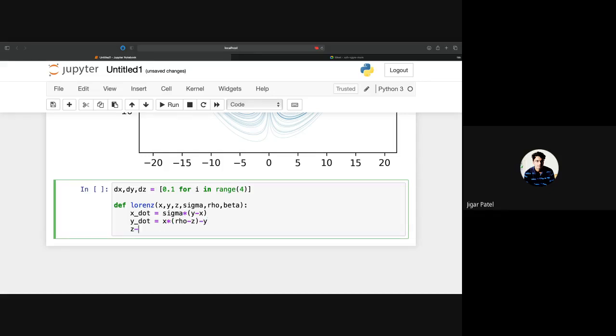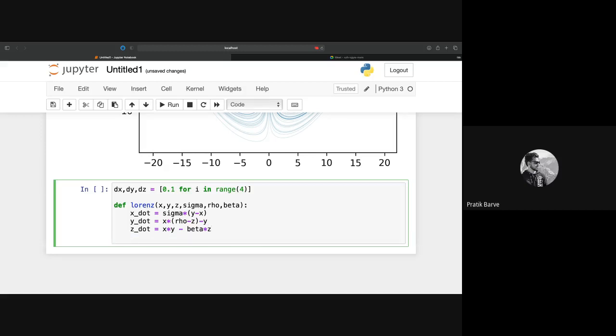Minus y, and we have z dot. Z dot is x into y minus beta into z. And we'll return all of these values. So return x dot, y dot, and z dot.